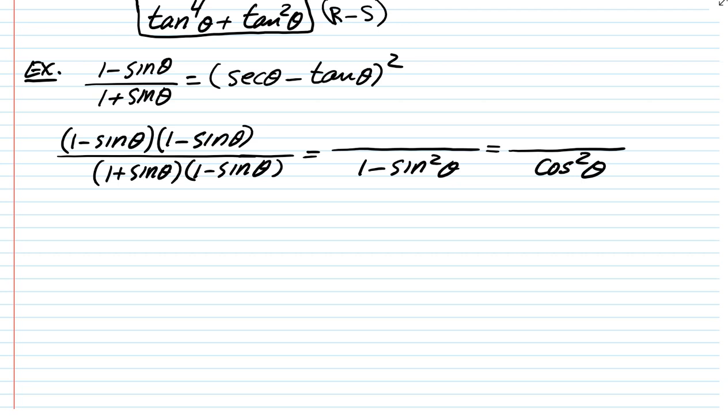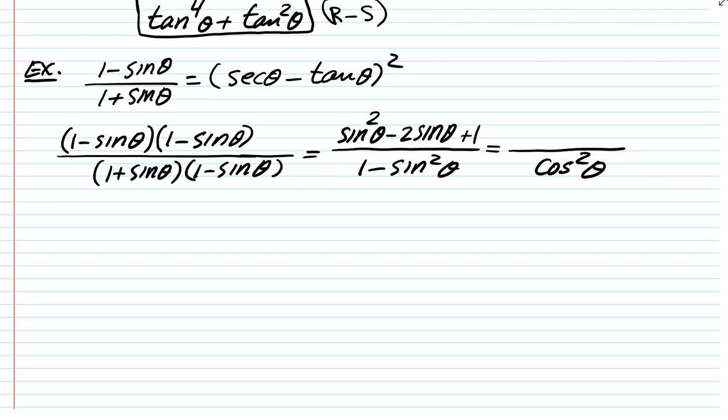Now in the numerator, we have two binomials that are the same. So let's FOIL them, distributive property. When you FOIL this, we get sine squared theta, negative 2 sine theta, plus 1. Sine times sine gives sine squared. Negative sine twice gives negative 2 sine, and then 1 times 1 is 1.